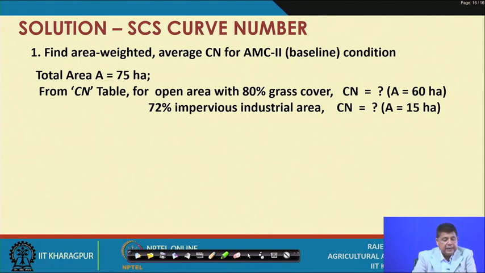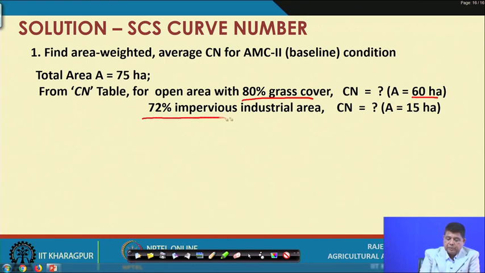So, our total area is 75 hectares. We have to read the curve number table for open area with 80% grass cover, area is 60 hectares, and 72% impervious industrial area, area is 15 hectares.